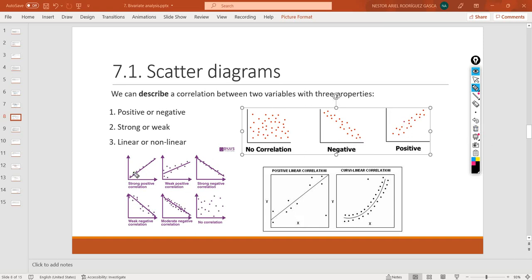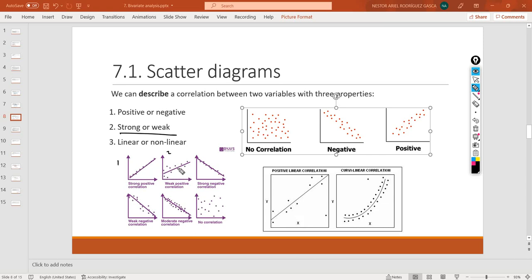Now, strong or weak. Look at these six scatter diagrams. For example, in 1 and 2, we can observe positive correlation, but in here, the points are very close to a straight line. And that's what we mean by strong positive correlation. And when they depart more than in this previous case, they also follow this line closely, but not as much as these ones.